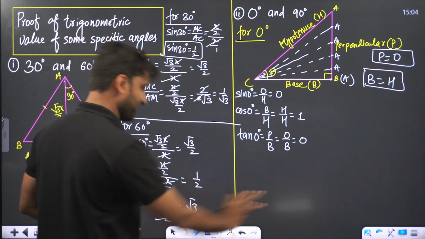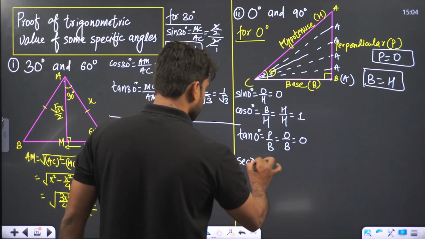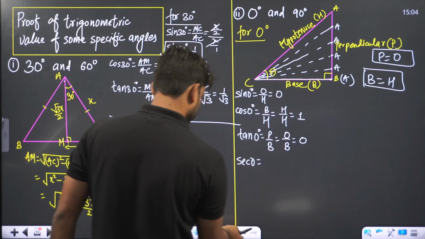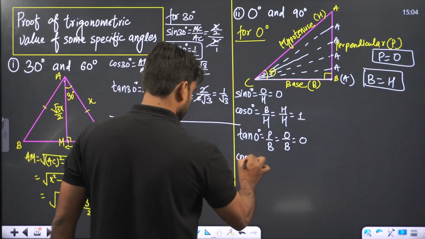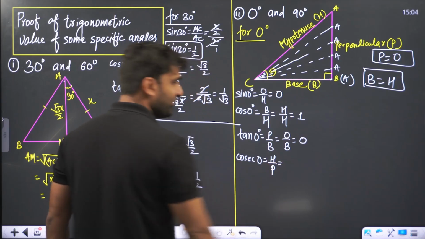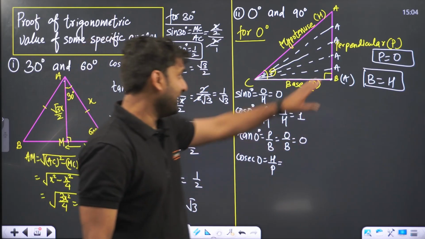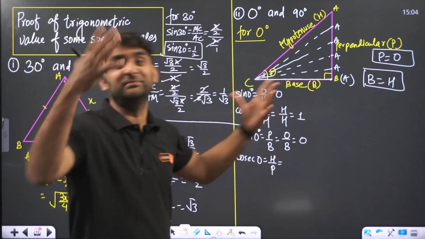So you have sine, cos, tan, and once you have done with sine, cos, tan, you can write the rest of all the trigonometric values. For example, cosec will come first, no? Yeah, cosec will come. So cosec 0 is equal to hypotenuse by perpendicular. Where is hypotenuse? Hypotenuse is there because hypotenuse is overlapping base, but perpendicular has become 0.